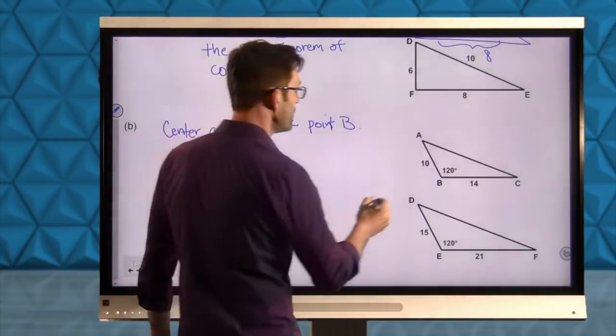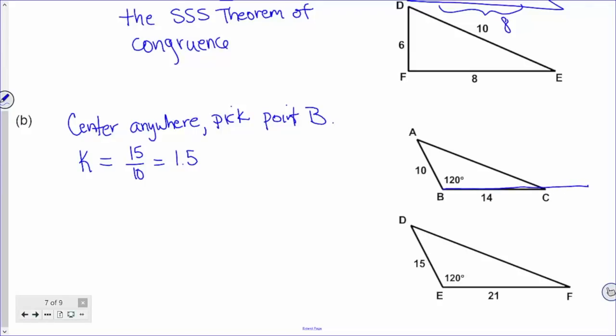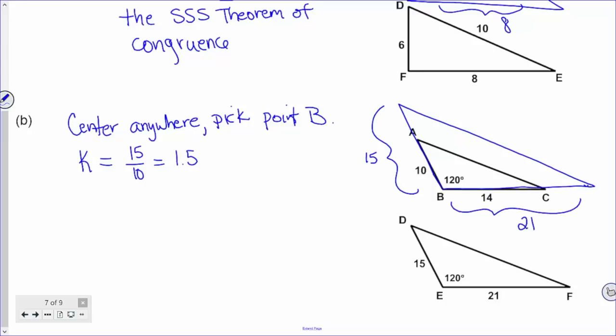And again, what's going to happen is this is now going to stretch out to here. This would now stretch out to here. All right. This would now be 15. This would now be 21. And to verify, by the way, 21 divided by 14, if I divide both by 7, would give me 3/2, which is 1.5. Same ratio, right?